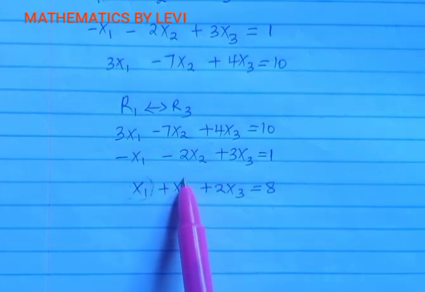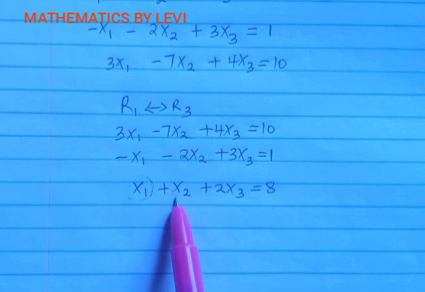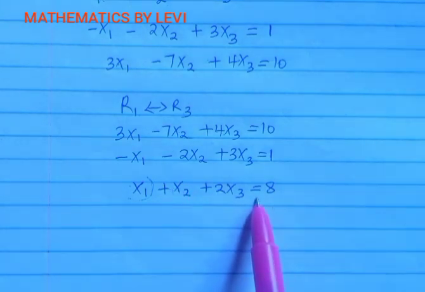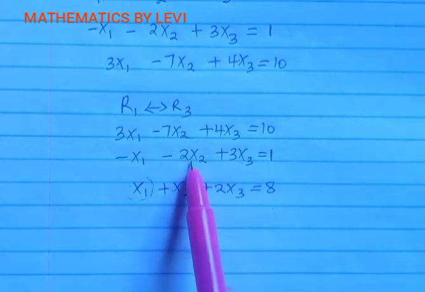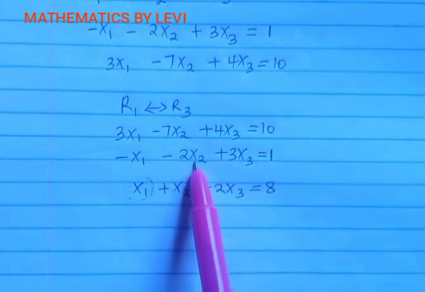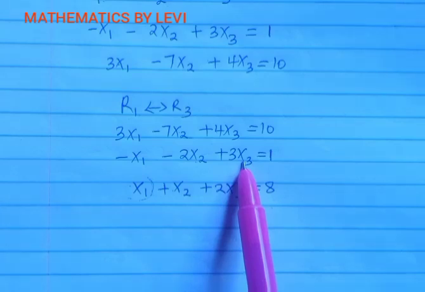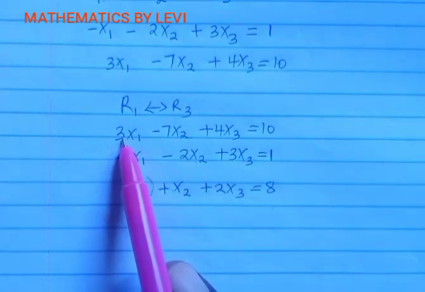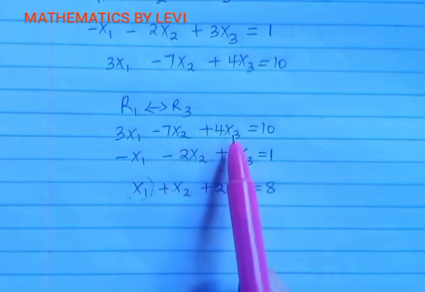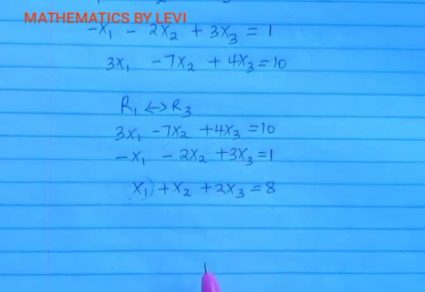Then we come to the third row, whereby we eliminate x2 and we remain with x3 here. Then we also remain with x2 and x3 in the second equation. Then in the first equation, we remain with x1, x2, x3 in that order.